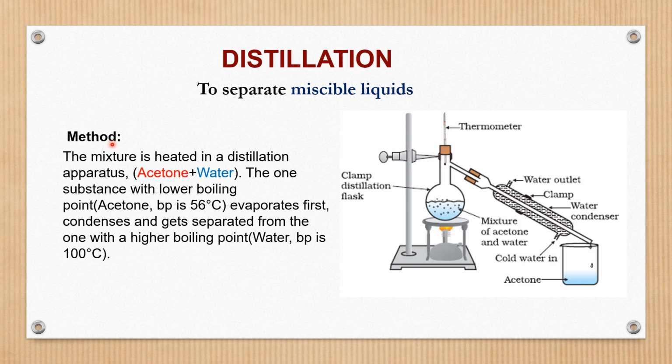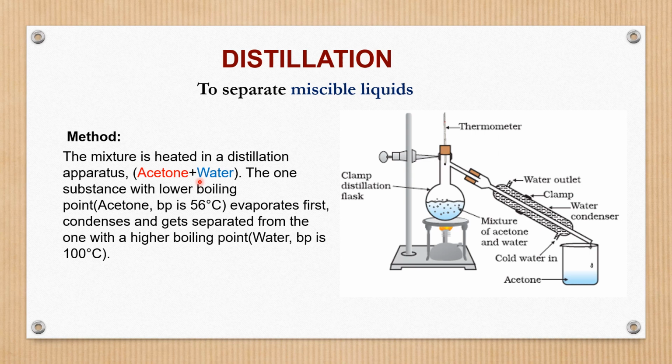So here our mixture contains acetone and water. And you studied what a boiling point is. Boiling point is the particular temperature at which a substance or liquid starts to boil, and each liquid has its own boiling point.